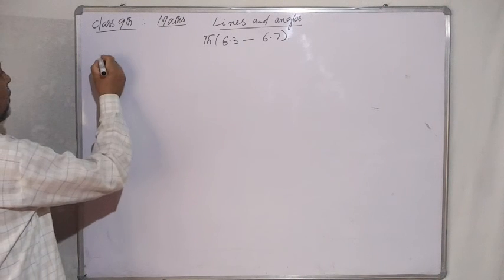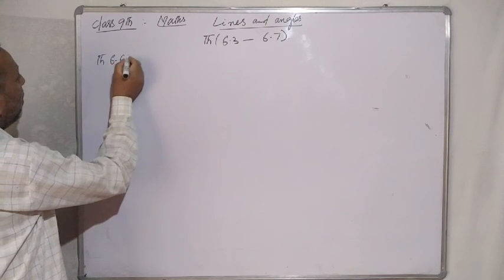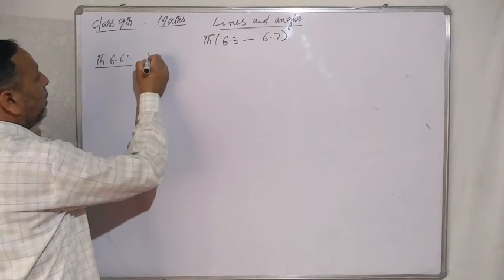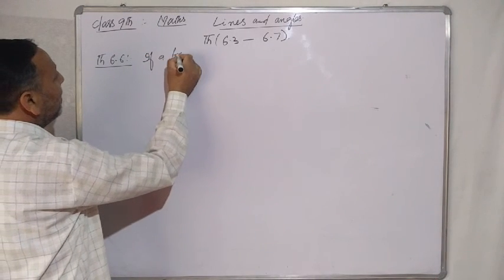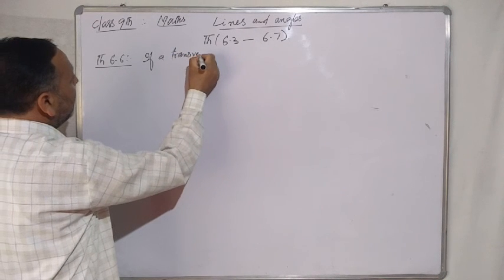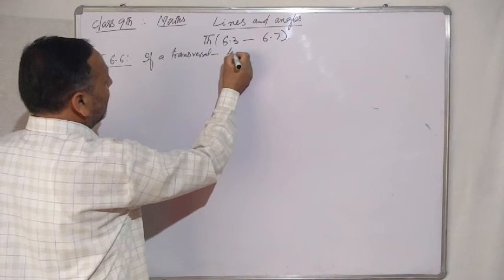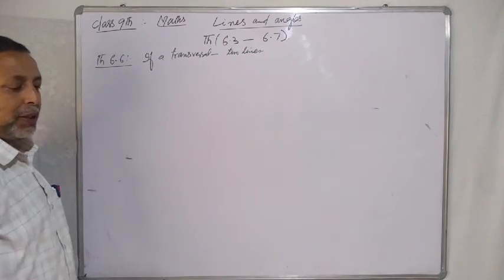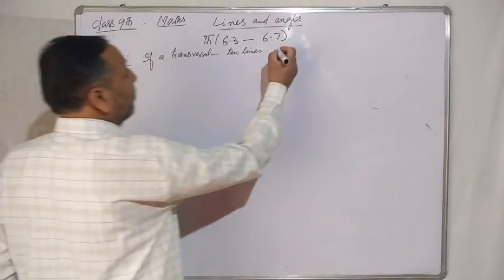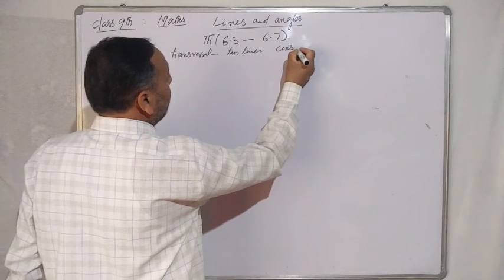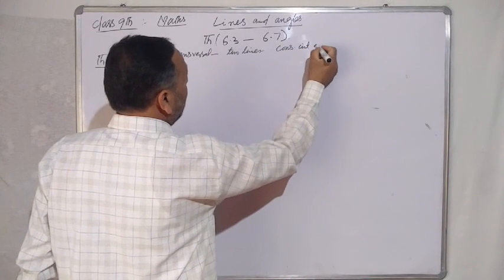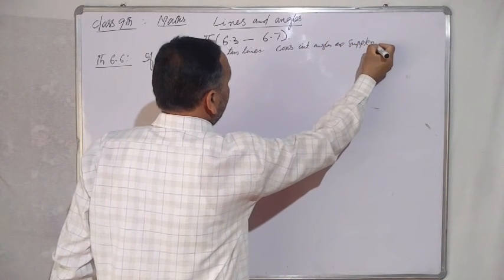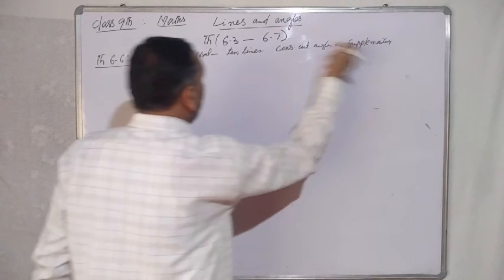Theorem 6.6. It is the converse of theorem 6.5. Statement is, if a transversal intersects two lines such that consecutive interior angles are supplementary, then the lines are parallel.